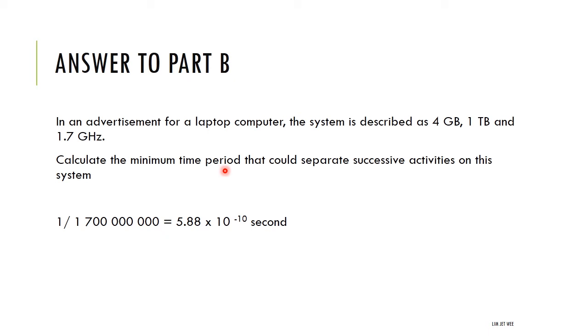This has something to do with the clock cycle, which is the 1.7 gigahertz. When you say gigahertz, Hz or hertz, it is a measure per 1 second. So 1.7 gigahertz is actually 1 second.